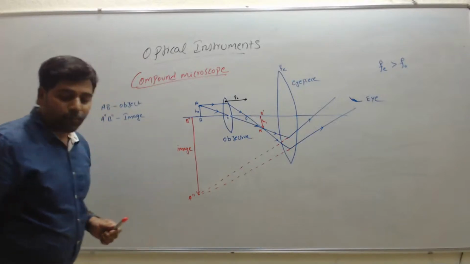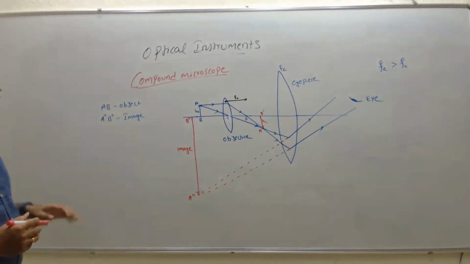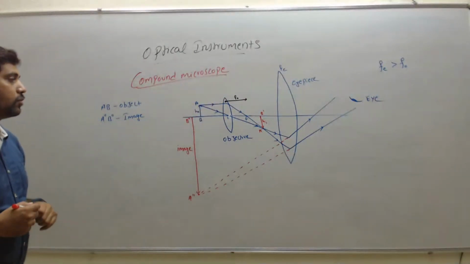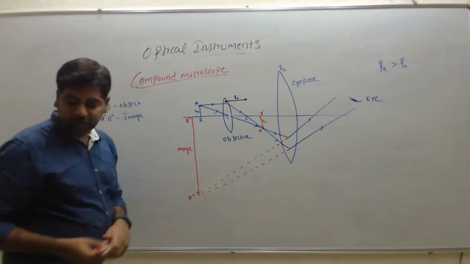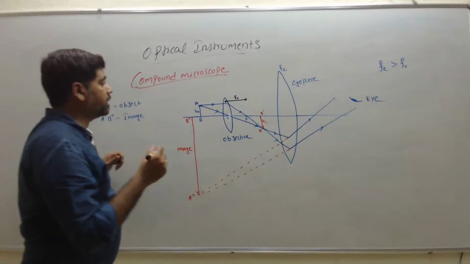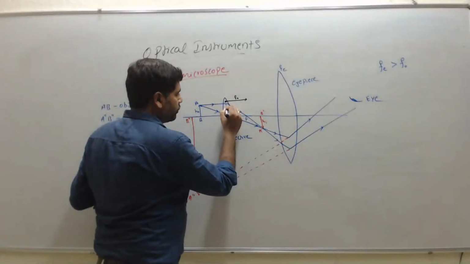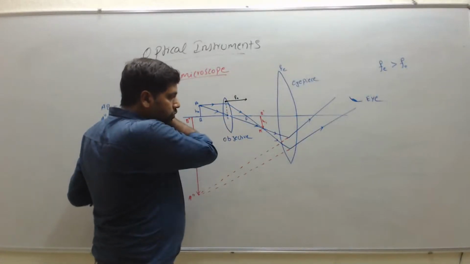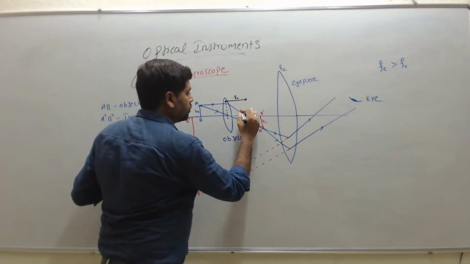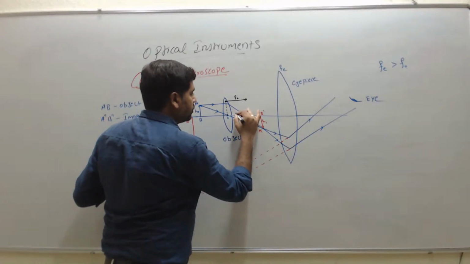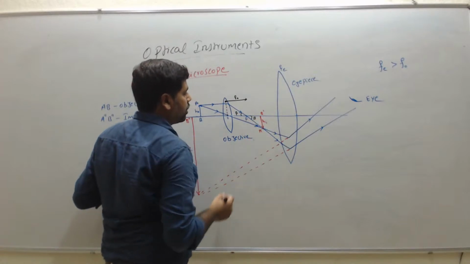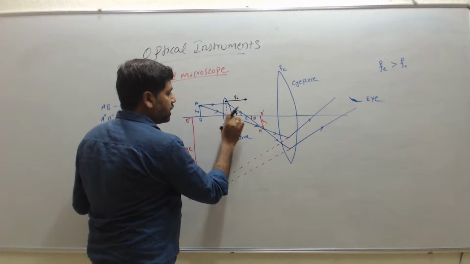Next, magnification in the case of the compound microscope. If we take this point, here the angle is beta, then here also the angle is beta. These two are similar angles.